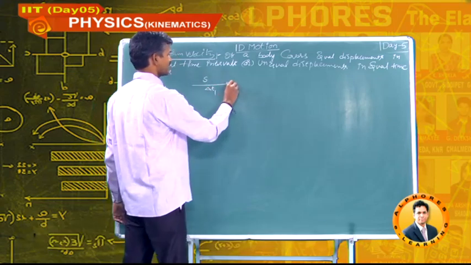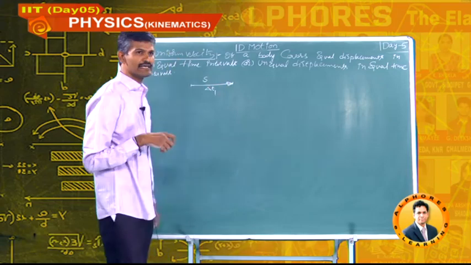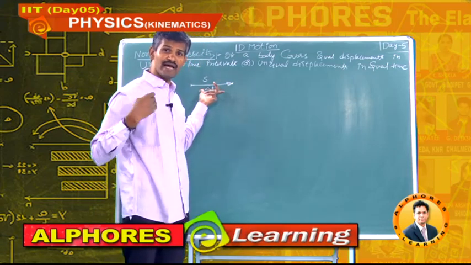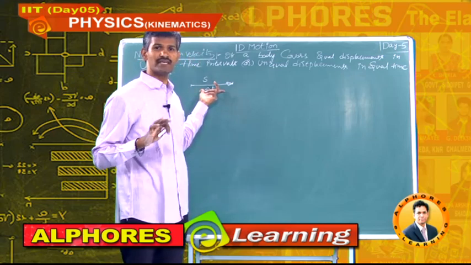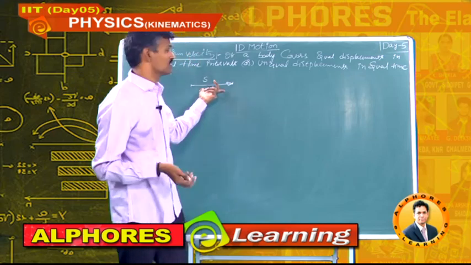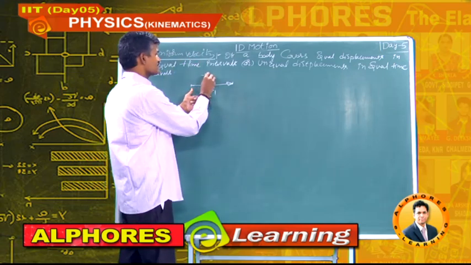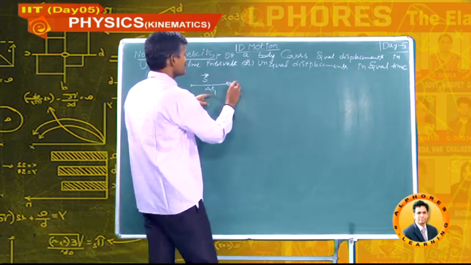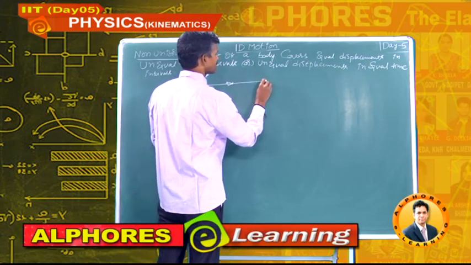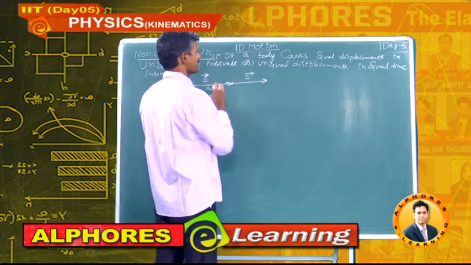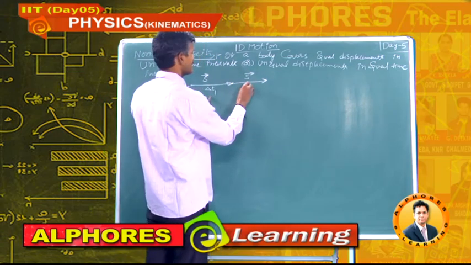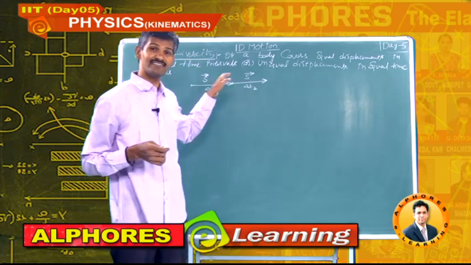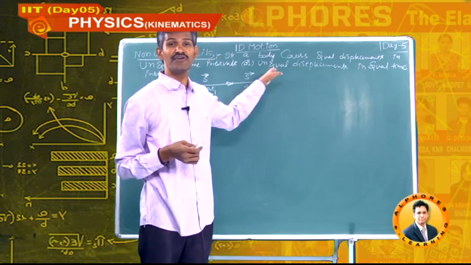Equal displacement, displacement being a vector quantity, means the same in both magnitude and direction. So this is S bar, which takes place in delta t1 time interval. Similarly, the next same S bar displacement takes place in delta t2 time interval. Time intervals are different. Then we can say that the body is in non-uniform velocity.